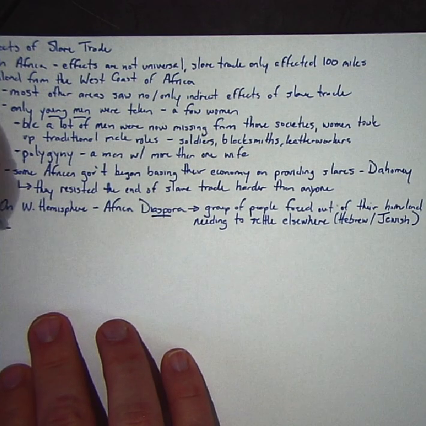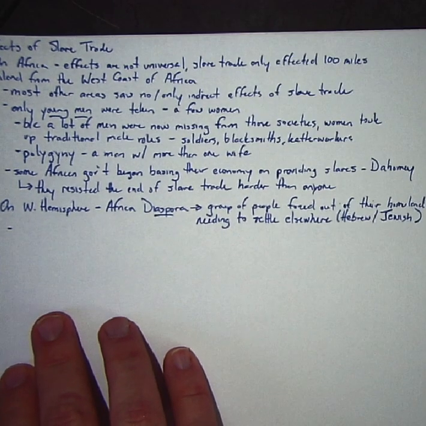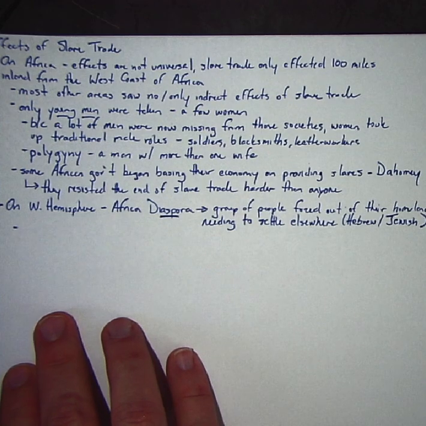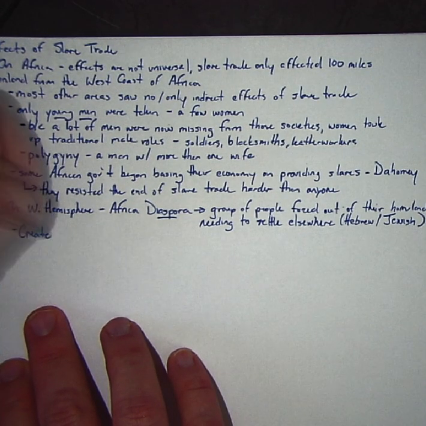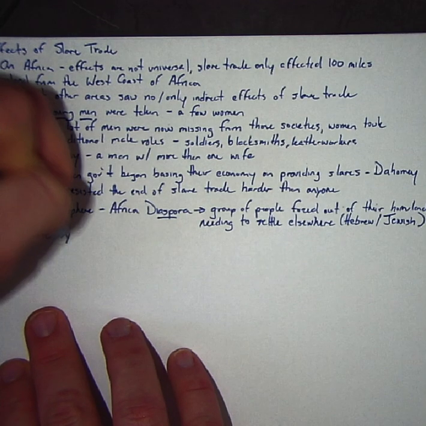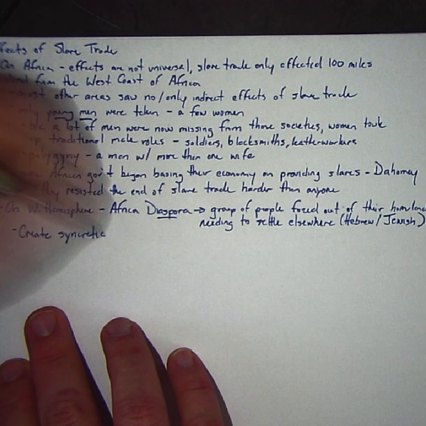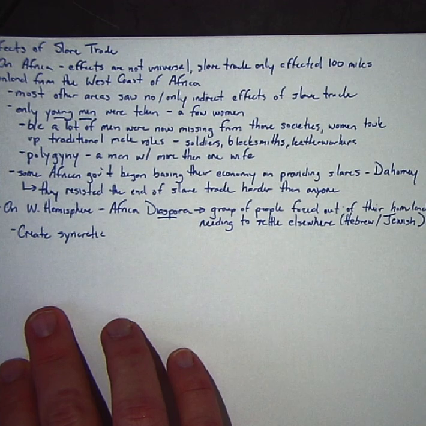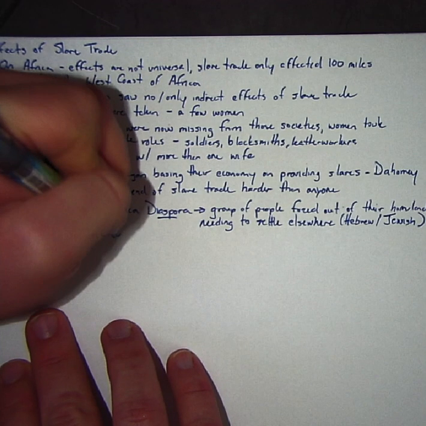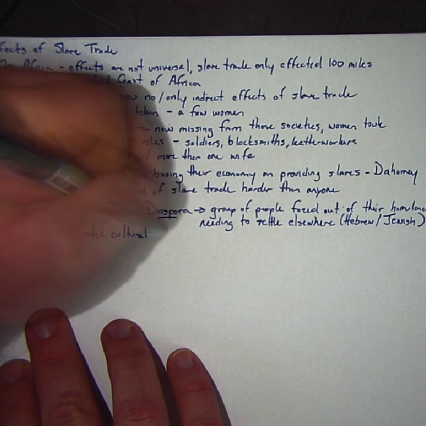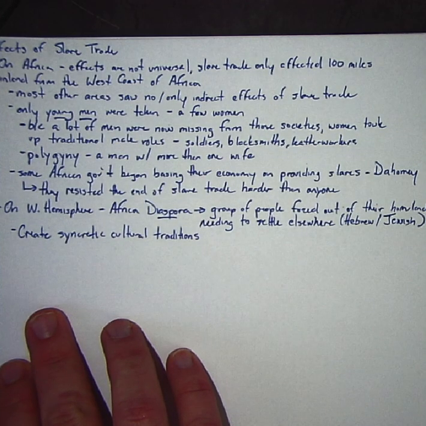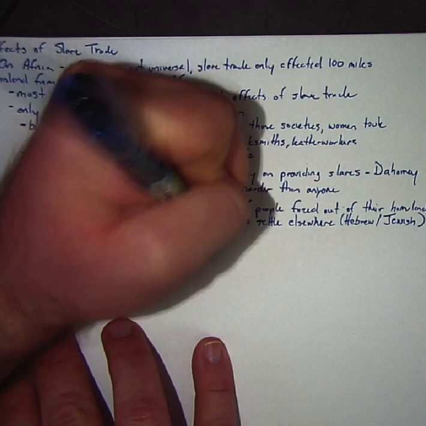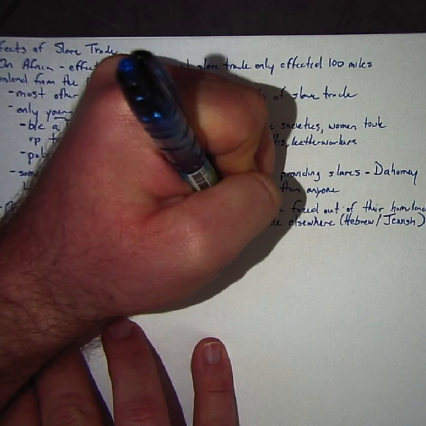This is a new group, the African diaspora. And what we're going to notice is that people in the African diaspora are going to create syncretic cultural traditions. And there's two reasons for this.